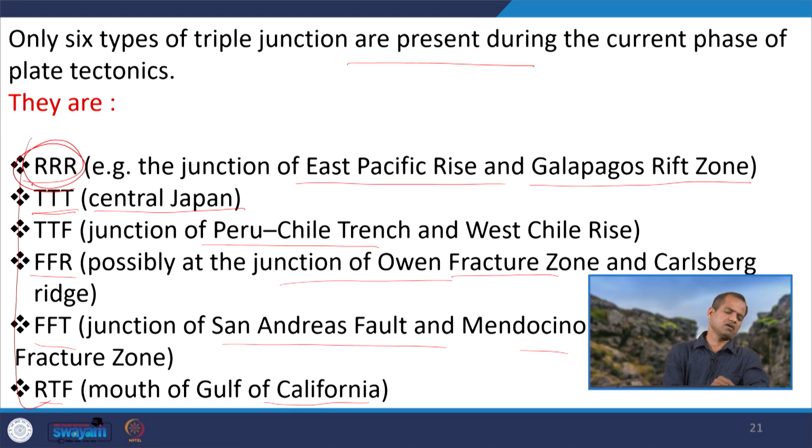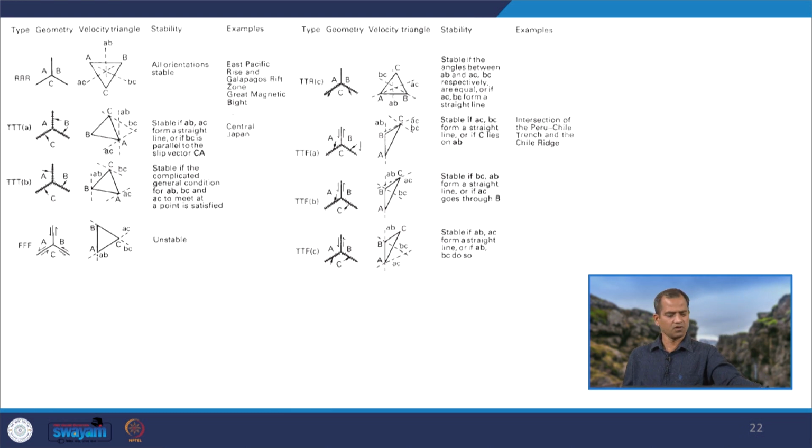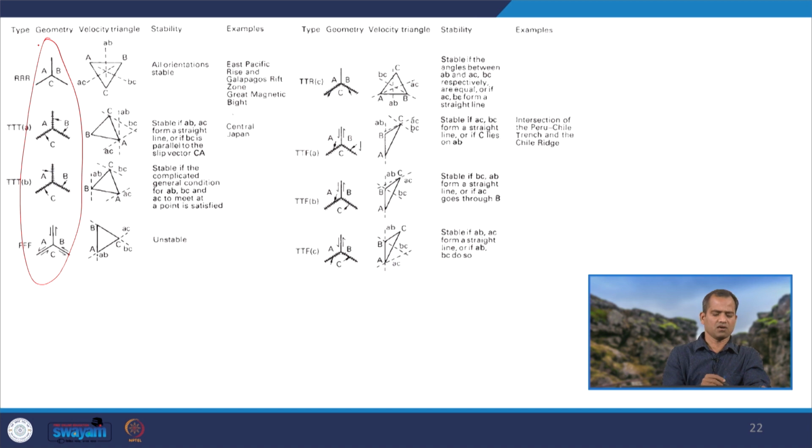So, RRR is the most stable one, and some of these configurations are given here, with the plate boundary orientations of the triple junction shown on the relative velocity triangle, and whether each is stable or not has been discussed here.